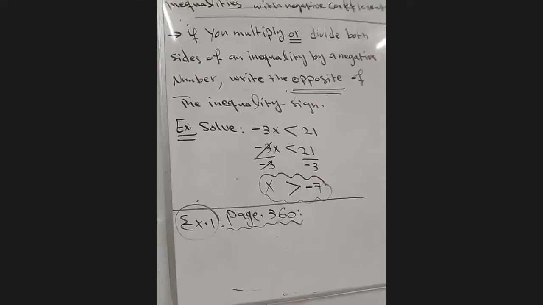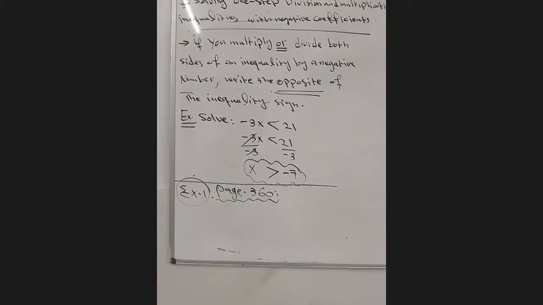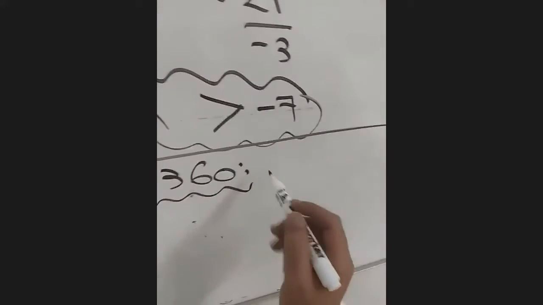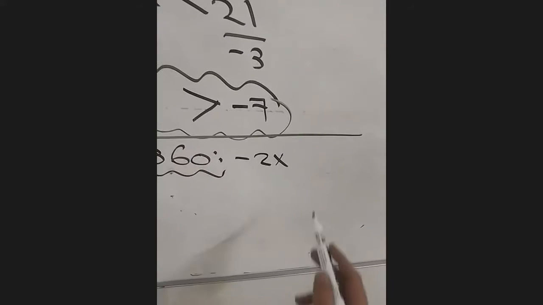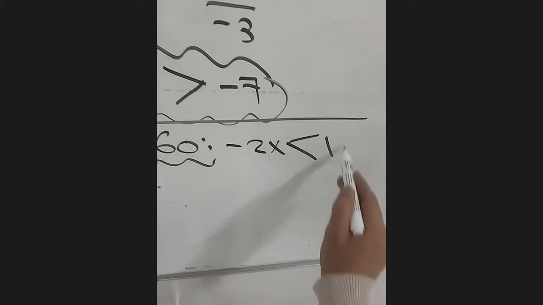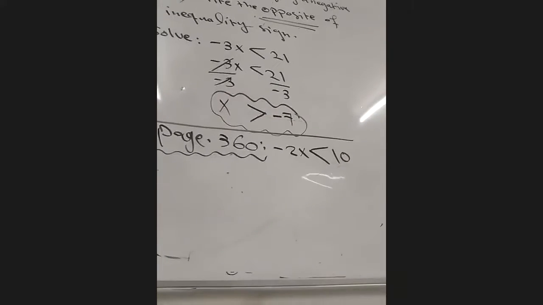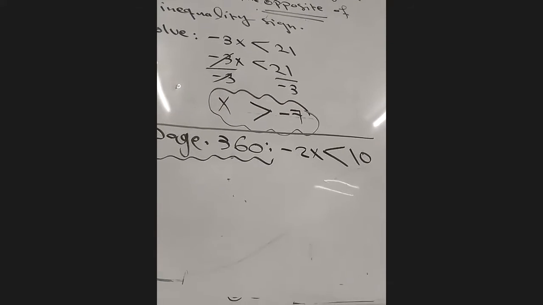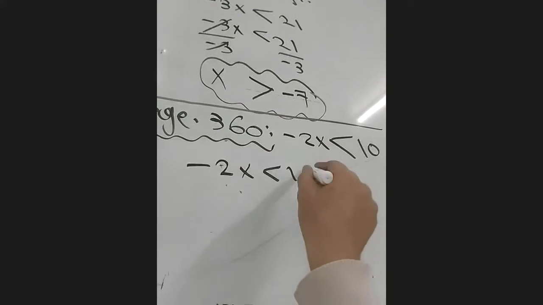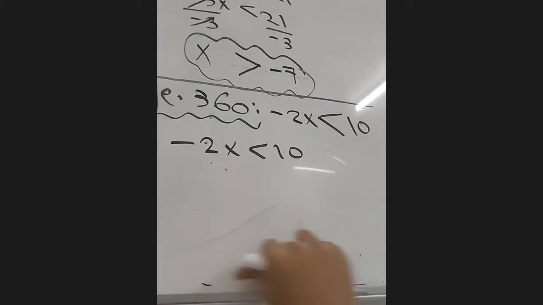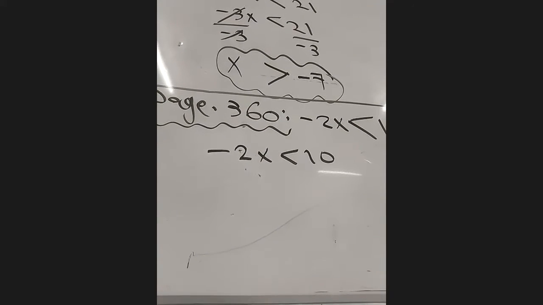Khalid, go with me in this example, page 360. Read the question. Solve negative 2x less than 10. Tell me, what will we do here, Khalid? First, we write the inequality again. Let's rewrite the inequality, excellent, less than 10. Then we flip the inequality.